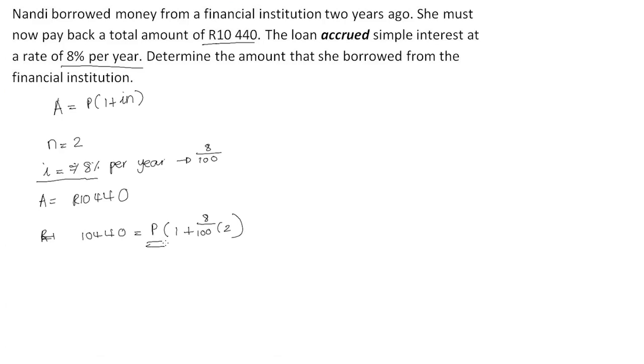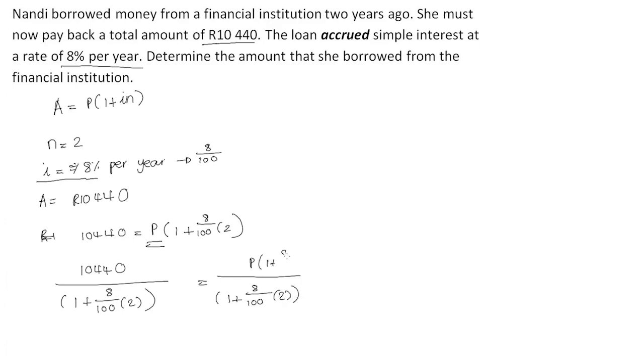The next step is to isolate P. We do this by dividing the right-hand side and the left-hand side of the equation by the factor that is attached to P. Cancelling out the top and the bottom, we are left with P is equal to this factor.